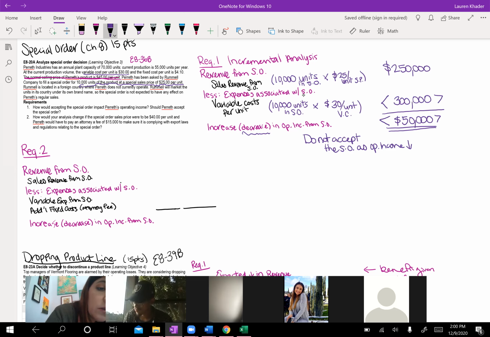So now we're still going to sell 10,000 units. But the selling price is not $25 per unit, but $40 per unit. So our incremental revenue from the special order would be 400,000.